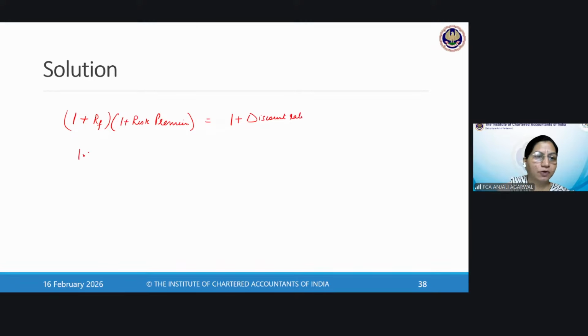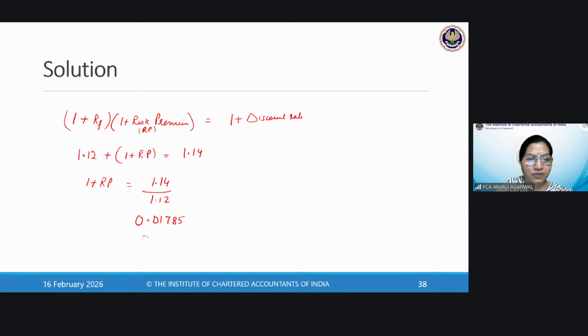So it becomes 1.12 times 1 plus risk premium, we don't know, RP I'm writing for risk premium, is equivalent to 1.14. This gives us 1 plus risk premium as 1.14 upon 1.12. So the risk premium is 0.01785, which is equivalent to 1.785%.